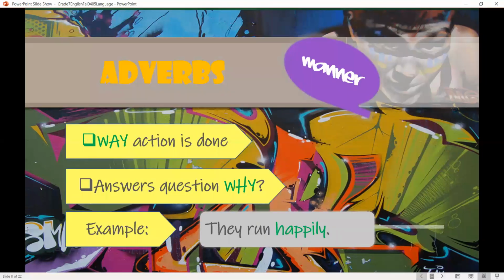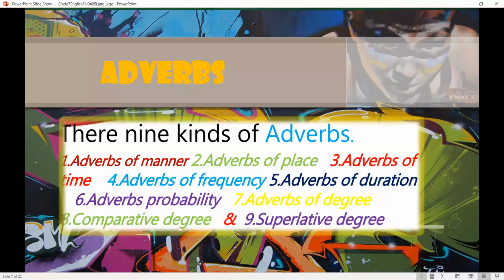We went through them earlier before we started. There's manner, adverbs of place, adverbs of frequency, adverbs of duration, of time, and we're going to go through them all today. So I hope you've got your pens and your pencils and your colors, and I hope you're going to take some notes.